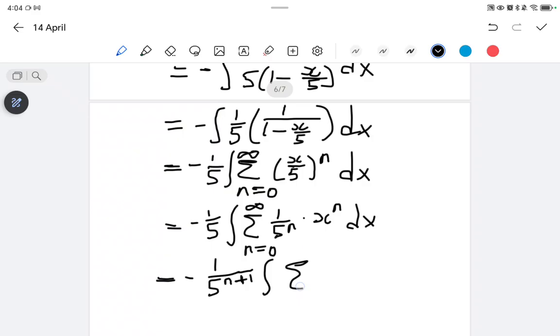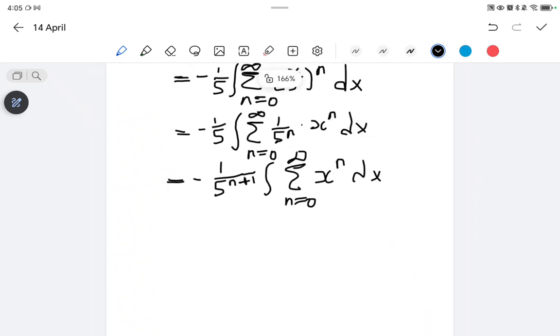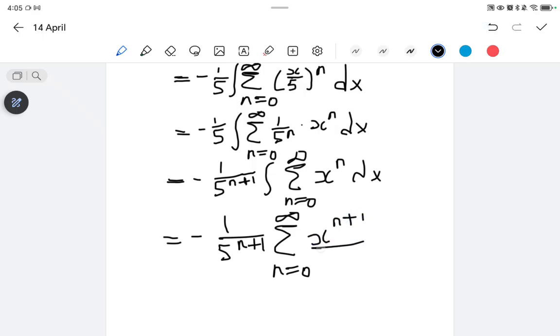The integral of this will be x to the n plus 1 over n plus 1, plus c.